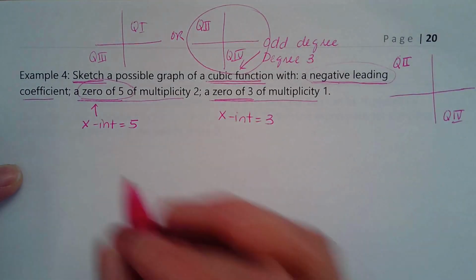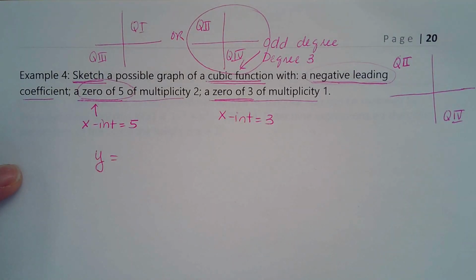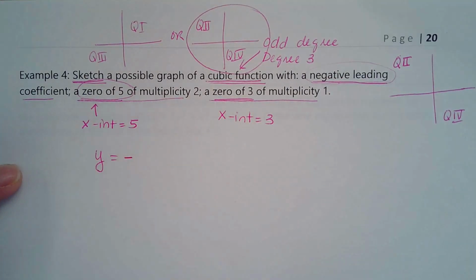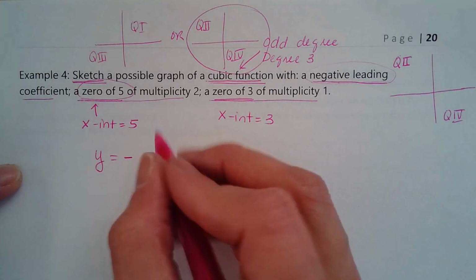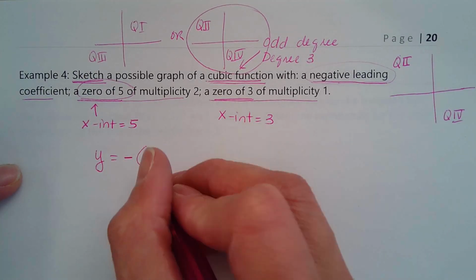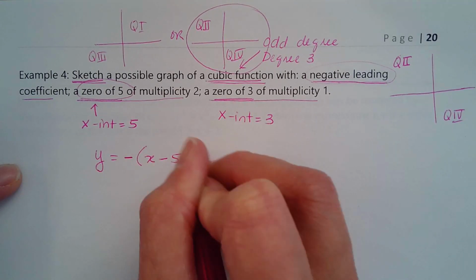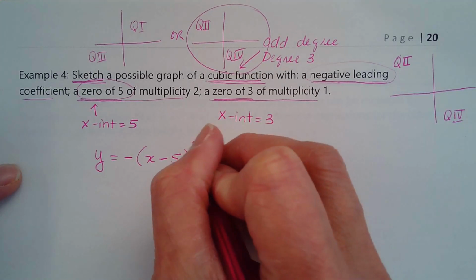So what is the possible graph? Okay, let's take a look at the possible equation first. Negative leading coefficient, so we know it's going to be negative. And then the first x-intercept is at 5, so it's going to be x minus 5. Multiplicity is 2, so it's exponent 2.